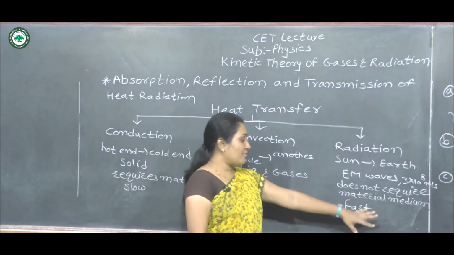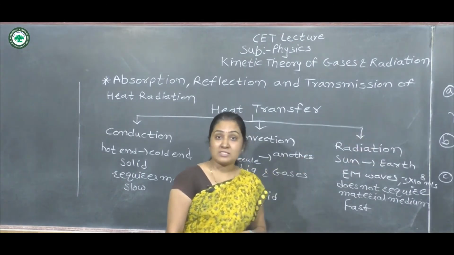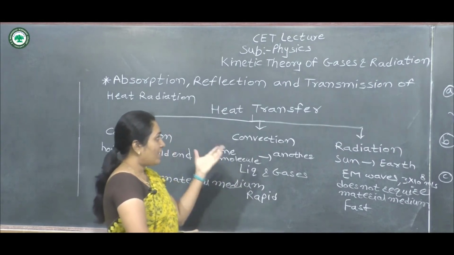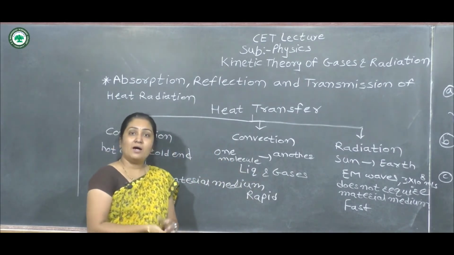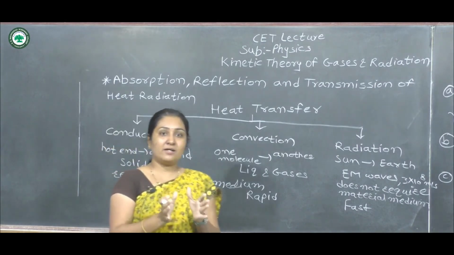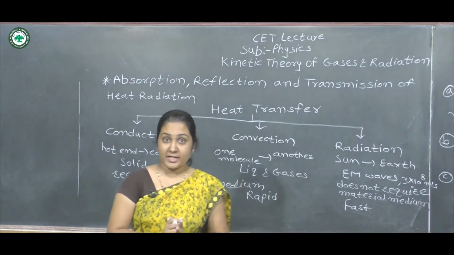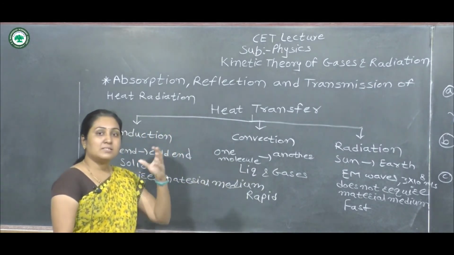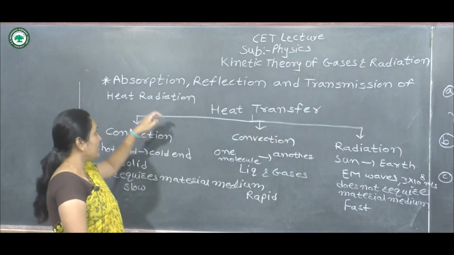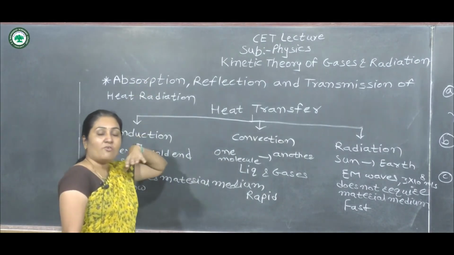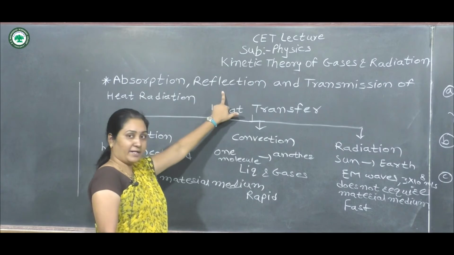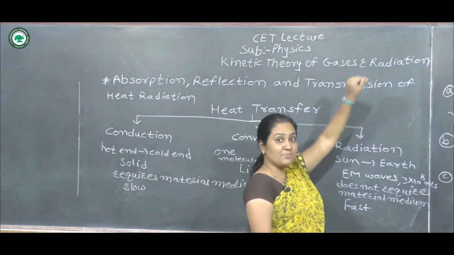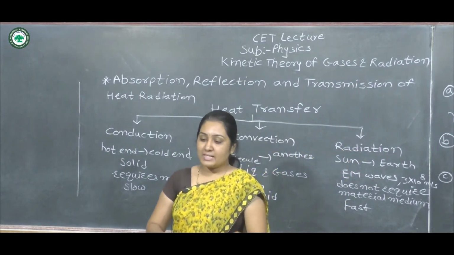Now here we have to study that when thermal radiation is incident on any surface of an object, there are three possibilities. Some of the incident radiation is absorbed, some is reflected, and some is transmitted.